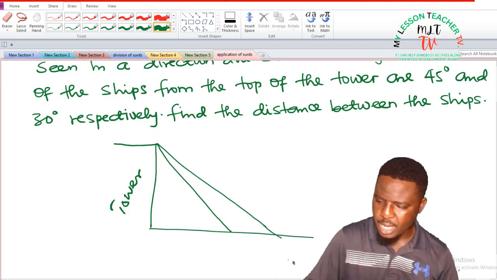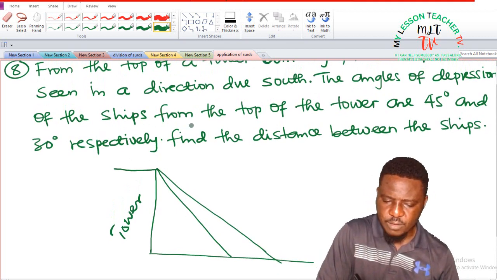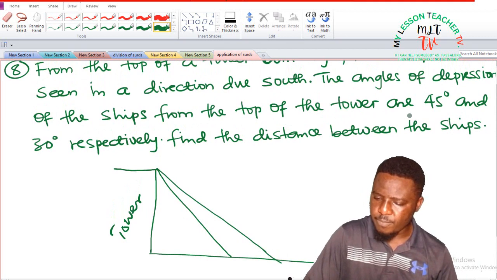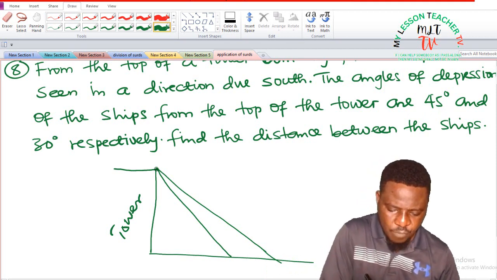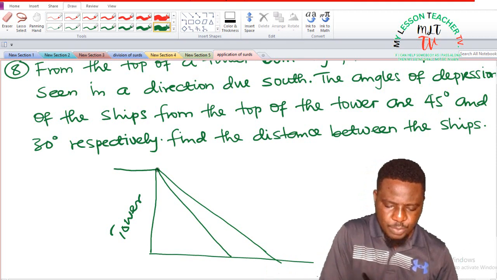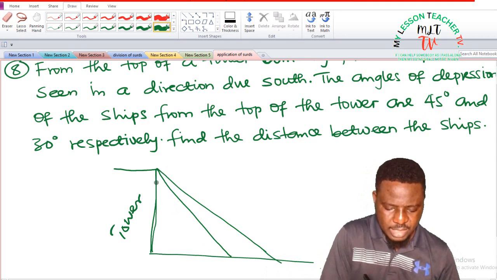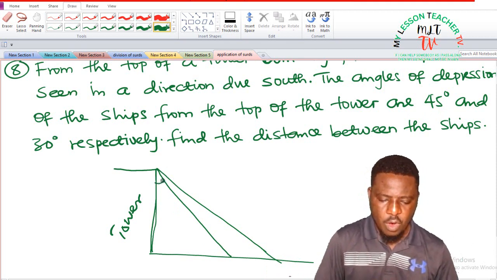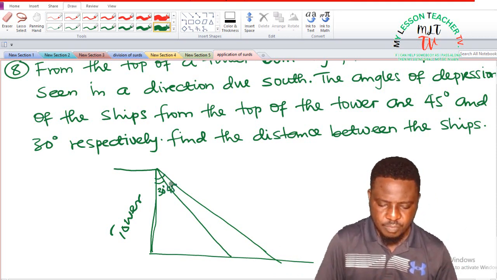We're told that the angle of depression of the ships from the top of the tower are 45 degrees and 30 degrees respectively. Angle of depression is said to be the angle between the vertical plane and the eye. So this is the angle of depression of 30 degrees, while this is said to be the angle of depression of 45 degrees.